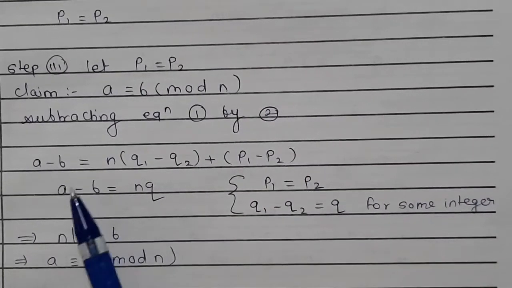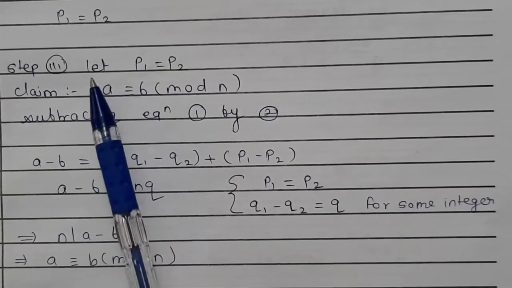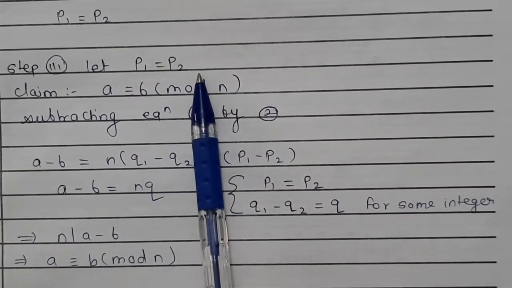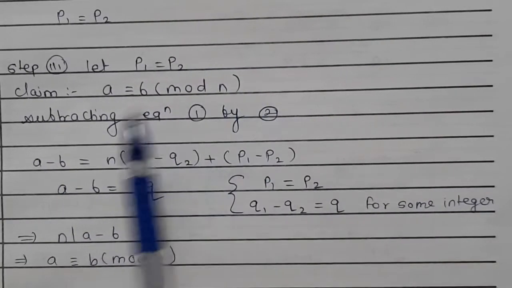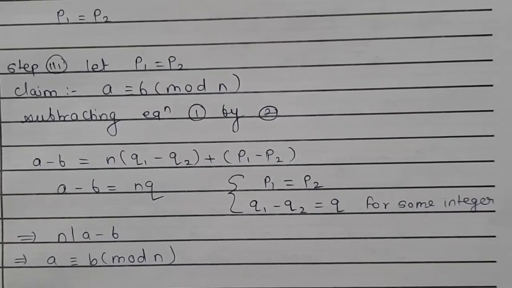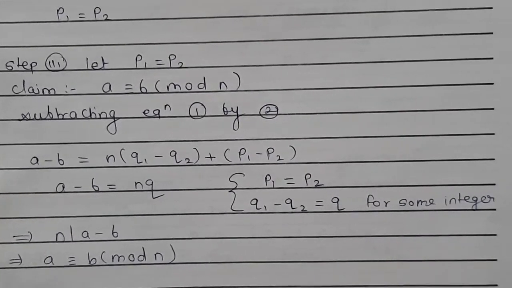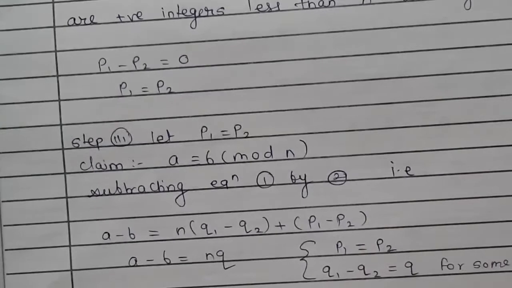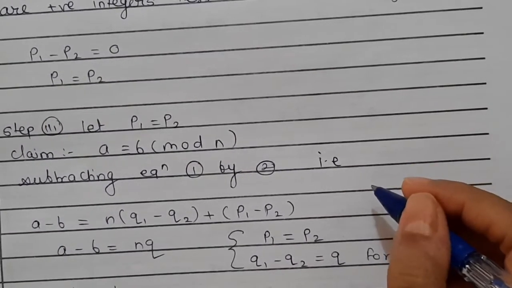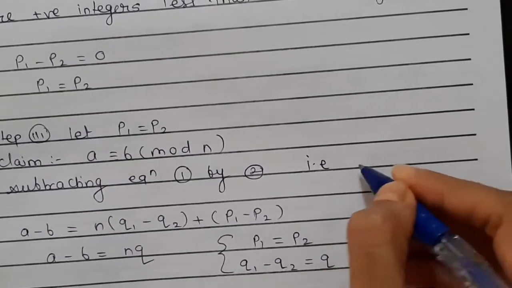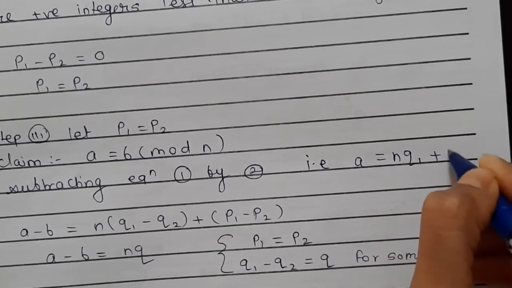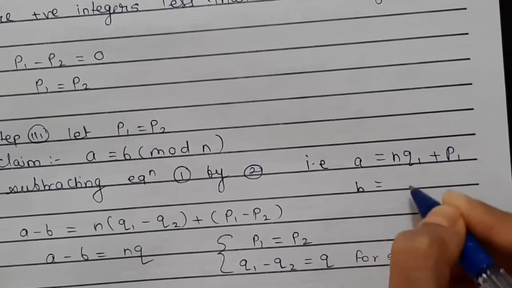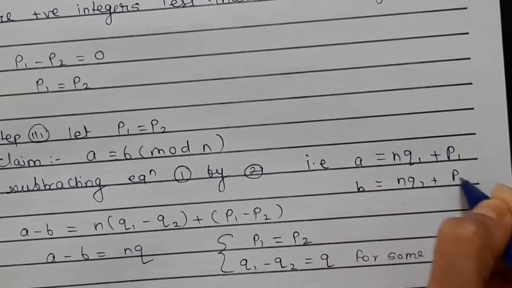Now in step 3 we prove the converse part, that is, we have p1 is equal to p2 and we claim a is congruent to b mod n. Now we subtract the equations a is equal to nq1 plus p1 and b is equal to nq2 plus p2.